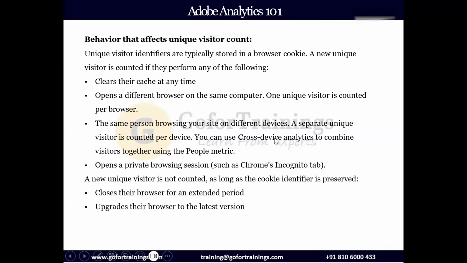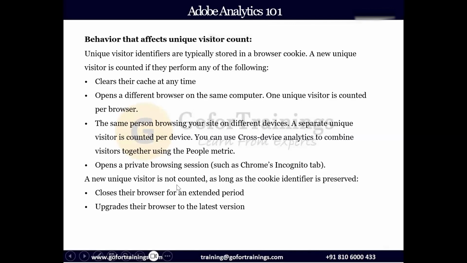You can use cross-device analytics, which is a concept in Adobe Audience Manager, where you combine data from different devices by using identifiers other than ECID. If you are using incognito, it also changes. So these are the different reasons why the same person is counted as a different unique visitor.